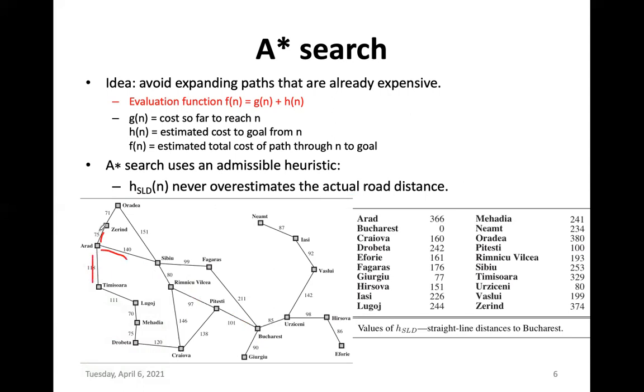The g of n from Arad to Zerind is 75, from Arad to Sibiu is 140, and from Arad to Timisoara is 118. This is g of n.